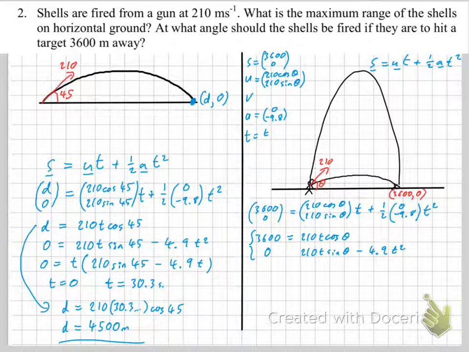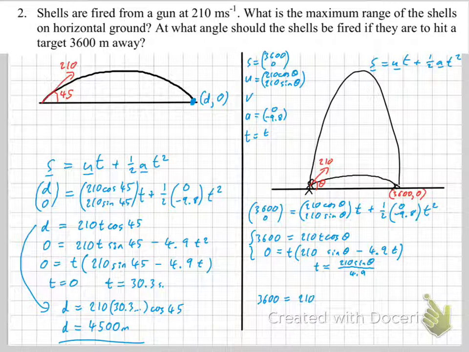I'm actually going to do it in the same line. So I'm just taking a t out there as a factor. And then if we set this bracket equal to 0, like we did on the left-hand side of this page, then we get t equals 210 sine theta over 4.9. And that we can now substitute in here to eliminate t.